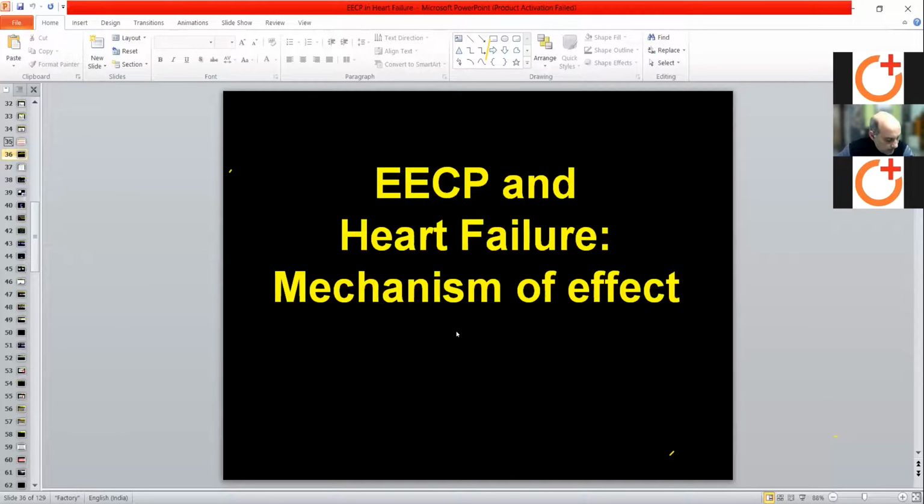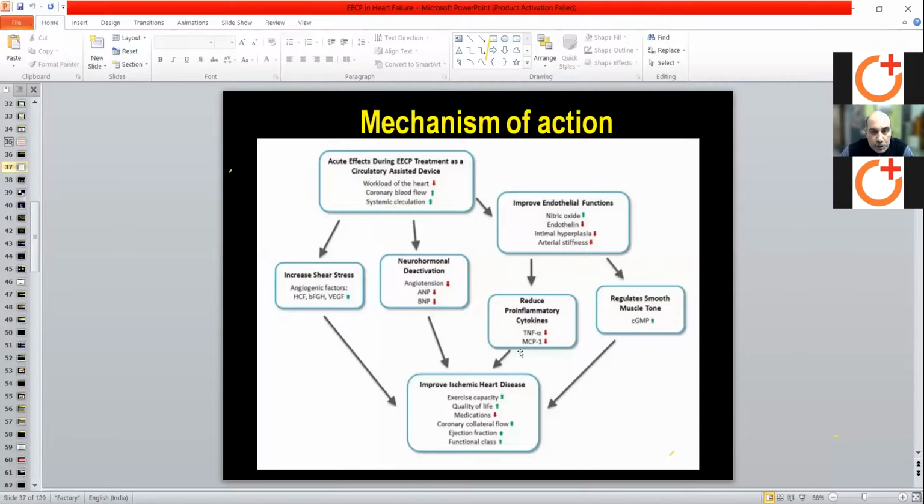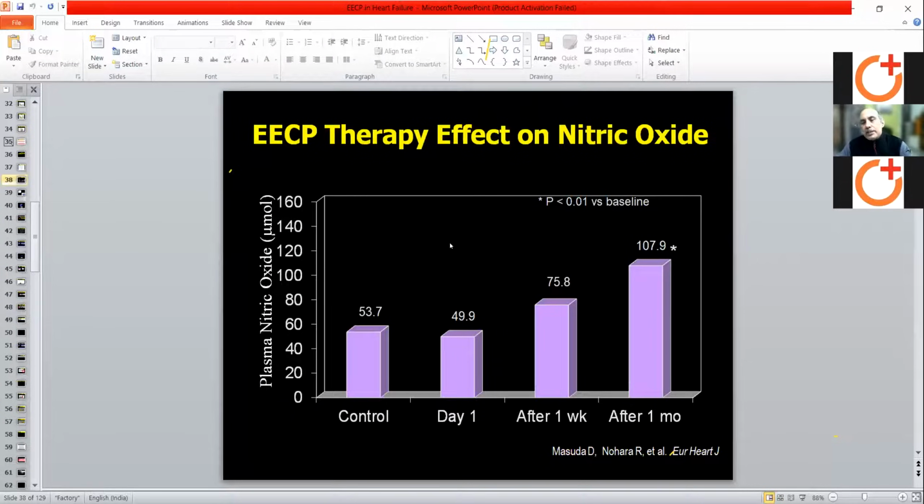Last but not the least, why do the people improve by ECP in heart failure? Is it just a sort of ischemia management or is something else? We have various mechanisms of improvement, but what I want to put some light on for basic heart failure improvement is the fact that it improves the vascular capacitance by increasing the effect of nitric oxide.